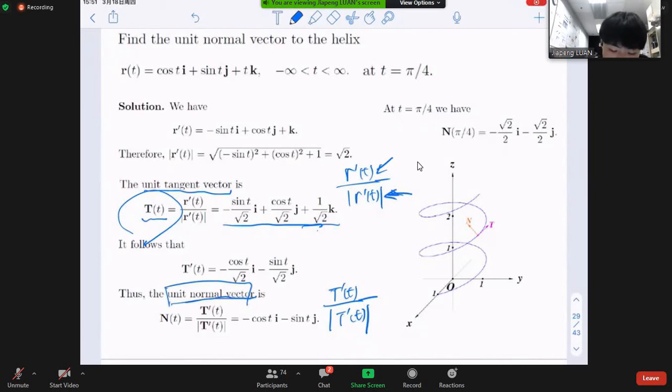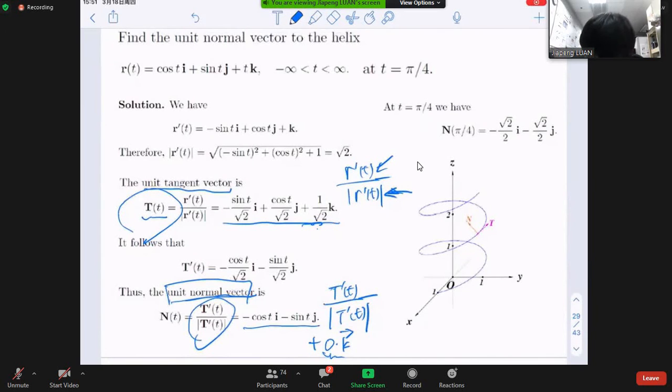And then when you have this, I think it is also easy for you to calculate this thing. Then you can get this. Here, why does the k disappear? Actually, it is plus 0 k. So it is also a vector in the 3D space, but the k is 0.